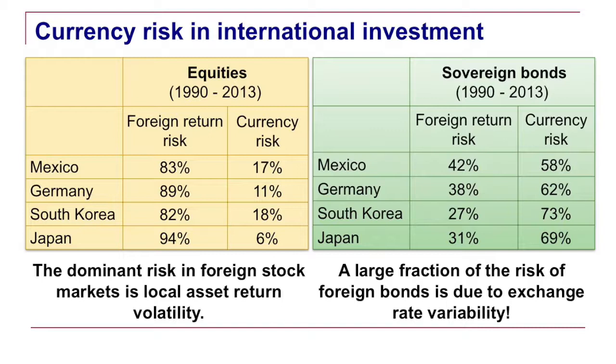And the second column shows you the currency risk. So a bit of the same calculation that we did, but this is expressed in percentage of the total risk. So you see that for all of these markets, whether developed or emerging, the contribution of currency risk is rather small over this period, from 1990 to 2013.